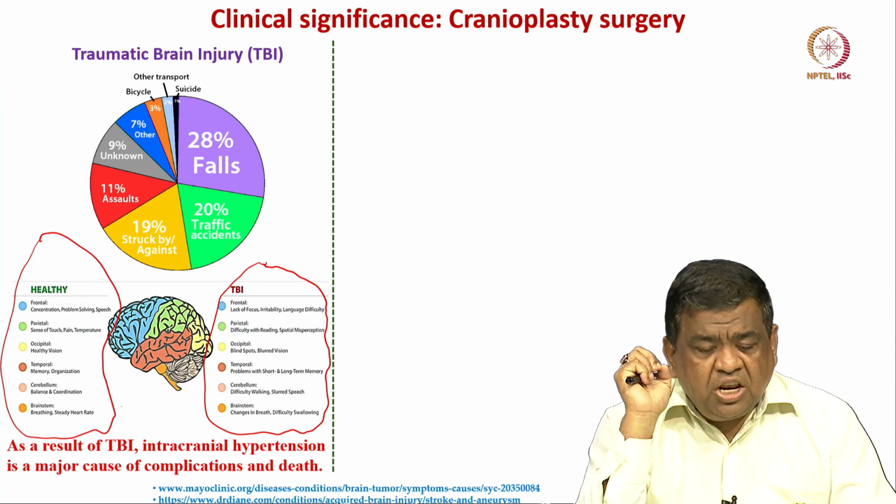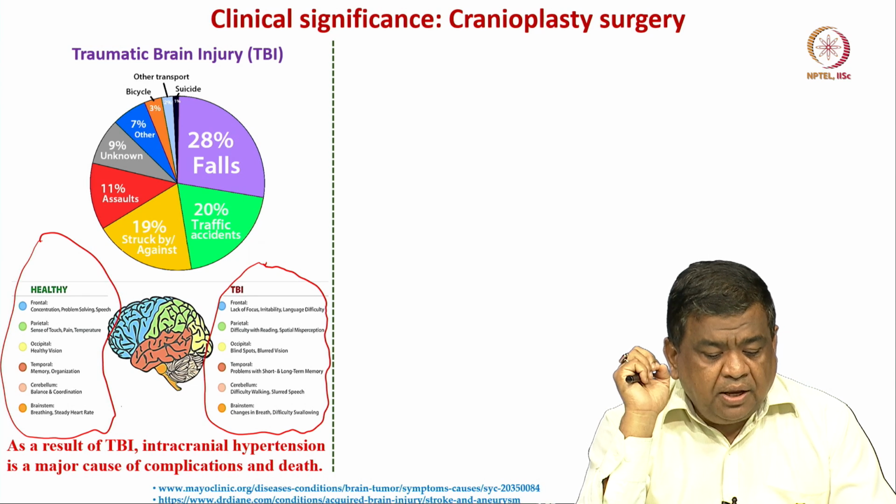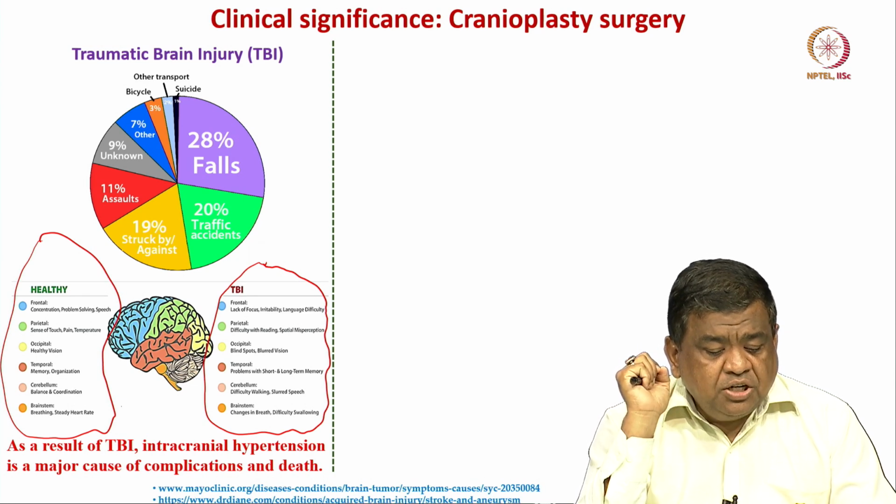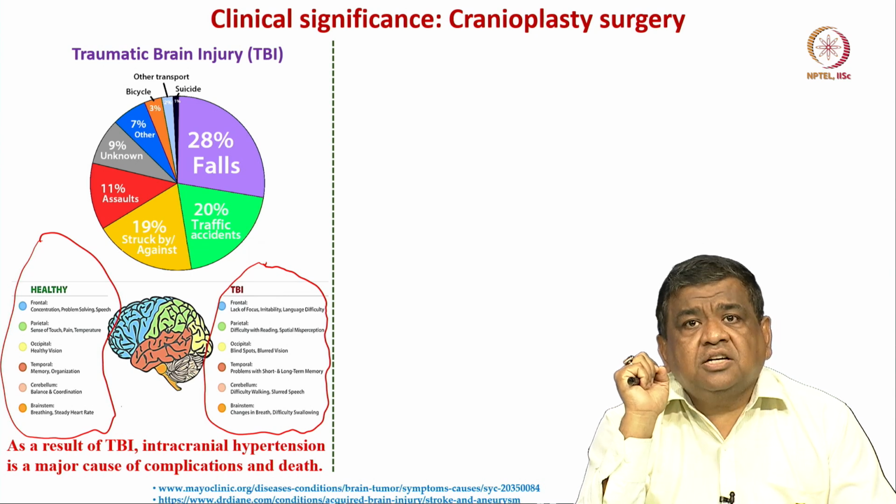If there is some problem in the brain stem or it got hit, then the patients will have problems in breathing and also swallowing. If the cerebellum part is injured, then patients will have difficulty in walking and slurred speech.